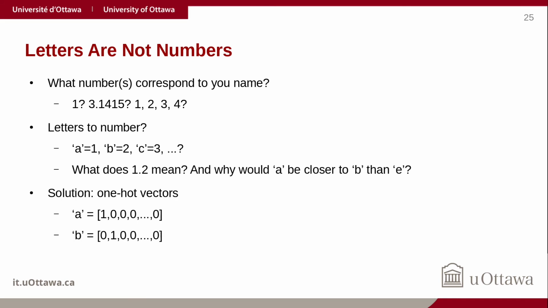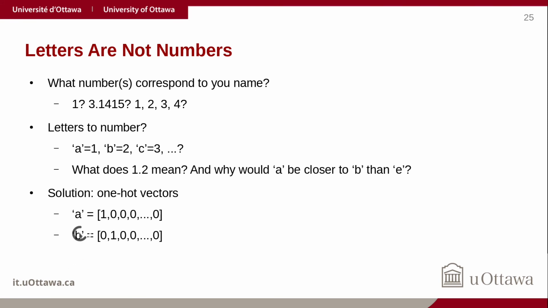The way around that is called one-hot vectors. Instead of associating one number per letter, you associate 26 numbers per letter, and you set it to 1 for that specific letter.